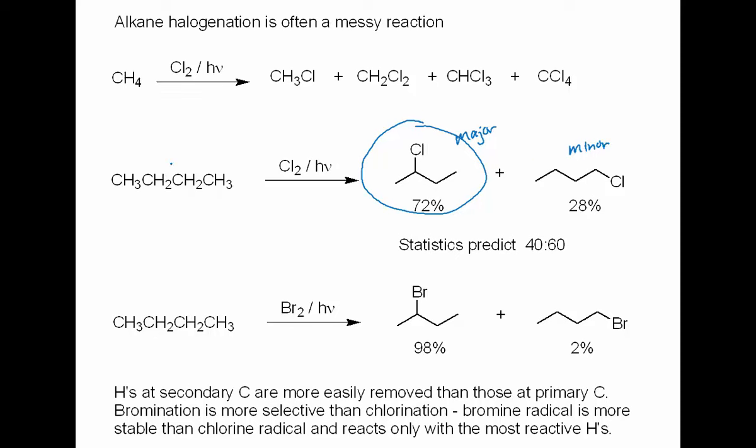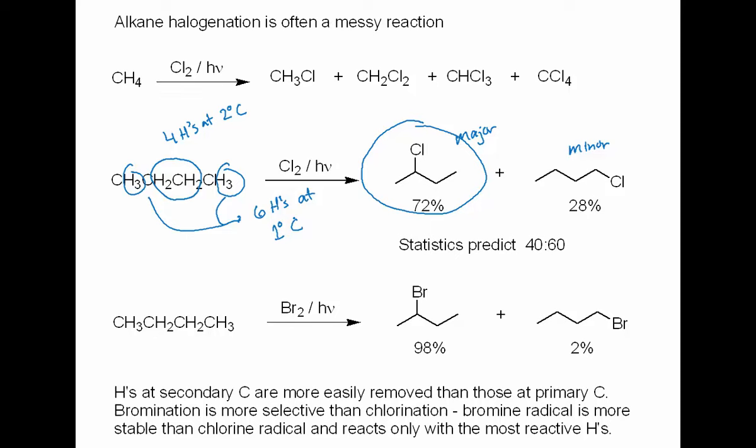If you look at the type of hydrogens we have, 4 hydrogens at secondary carbon and 6 hydrogens at primary carbon. So what you see here is that this reaction's beating statistics a little bit, but not by all that much. Statistics would predict that we would get a 40 to 60 ratio. We do better than that. We get a 72 to 28 ratio.